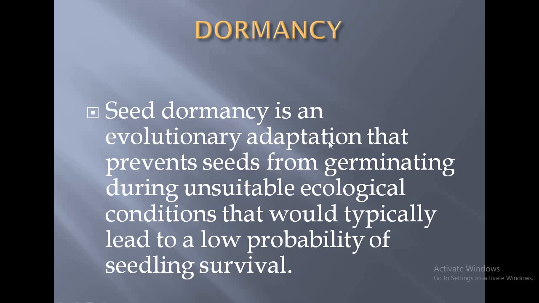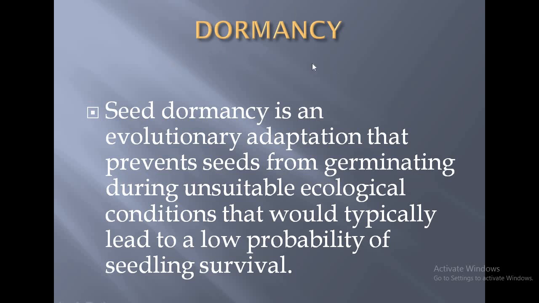So seed dormancy is an evolutionary adaptation which prevents the seed from germinating during unsuitable or unfavorable environmental conditions that would typically lead to a low probability of seedling survival. So during the unfavorable condition, the seed undergoes a period of dormancy.